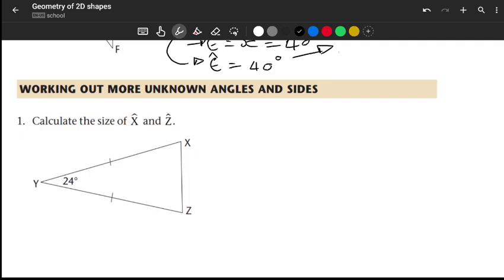here, right? We know that sum of angles in a triangle equals 180, right? They want us to find x and z, right? And we only have 24 there. Now, what kind of triangle is this? Start by trying to identify the triangle, right? Is it an equilateral triangle?